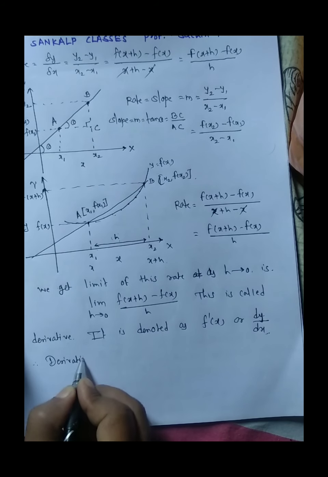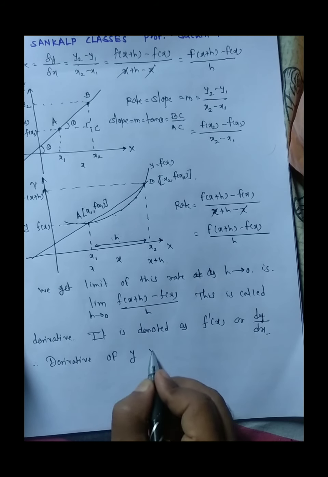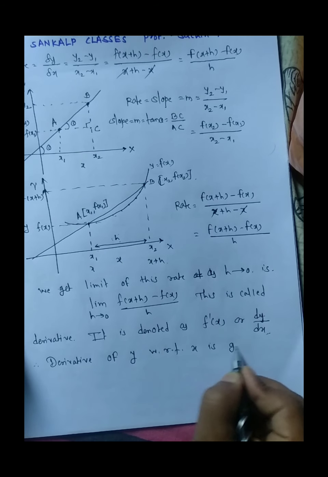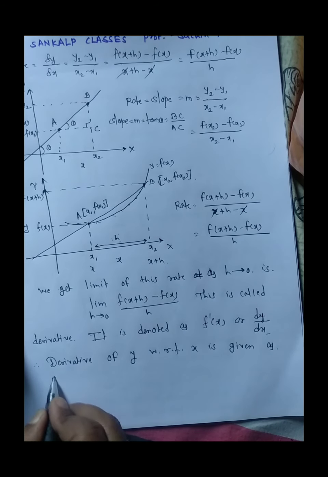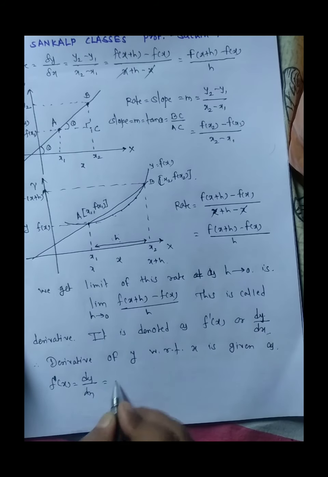f dash x, which is equal to dy by dx, which is equal to limit of h tends to 0 of f of x plus h minus f of x divided by h.